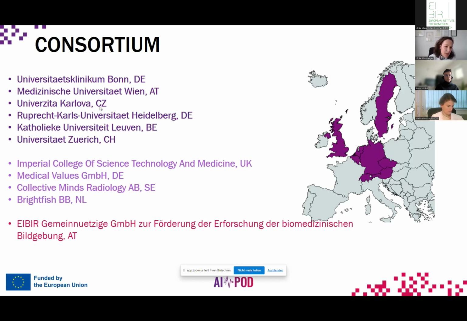It's Charles University in Czech, Heidelberg University, Leuven, and University Hospital Zurich, Switzerland. We have a very strong technology partner, the Imperial College of Science, Technology and Medicine of the UK.